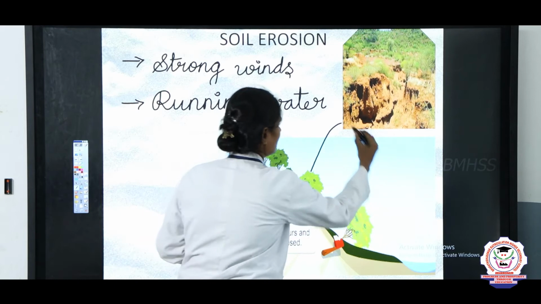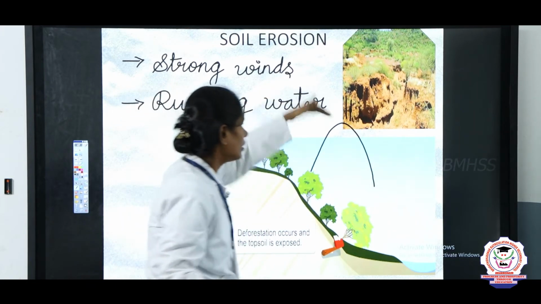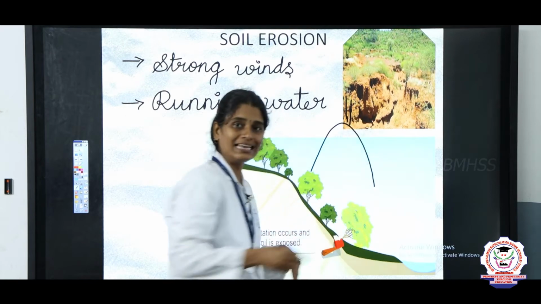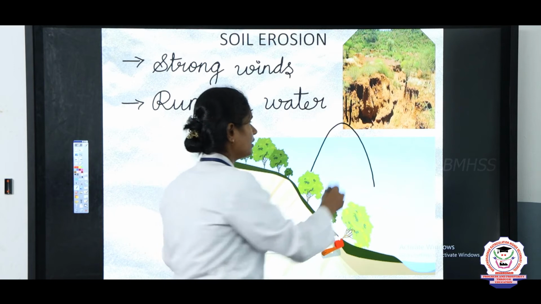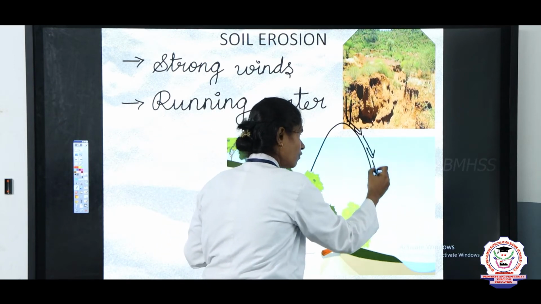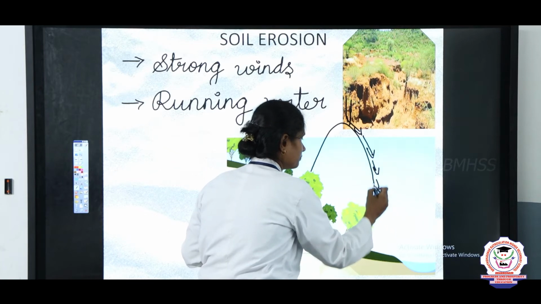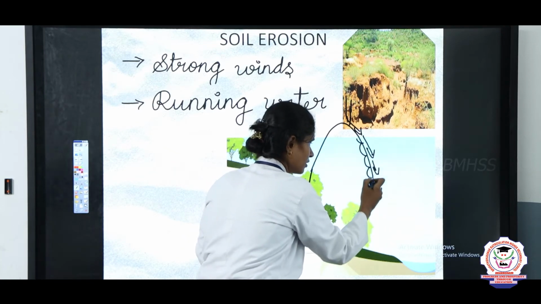In the hilly areas, when there is heavy rainfall, the rain falls on the hilly regions and the water flows down at a greater speed. It carries all the soil present there.